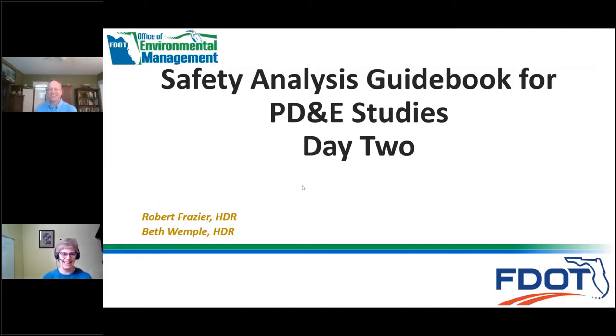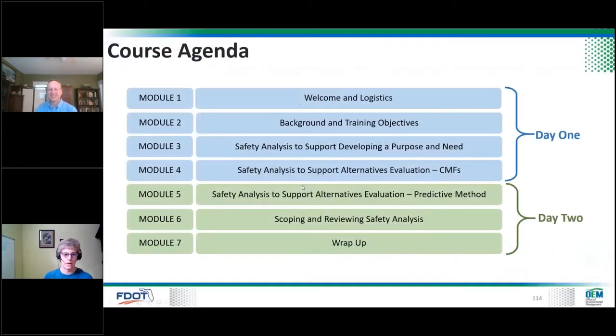So today there's 3 modules, 2.5 really. The last module is just wrap up, so it's a little bit quicker. Today we're going to talk about the predictive method and how that can be integrated into alternatives evaluation for PD&E work. And then we're going to talk about module 6, scoping and reviewing safety analysis.